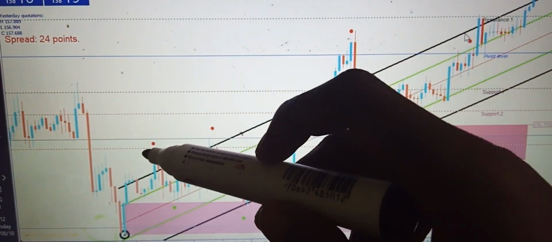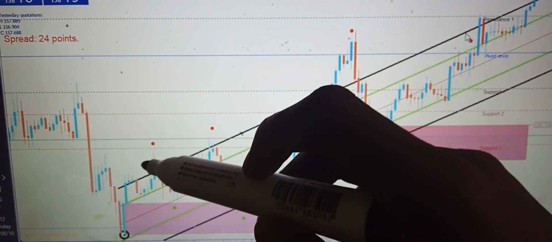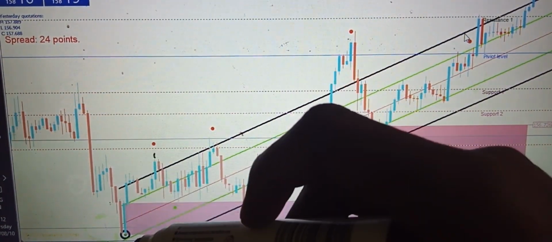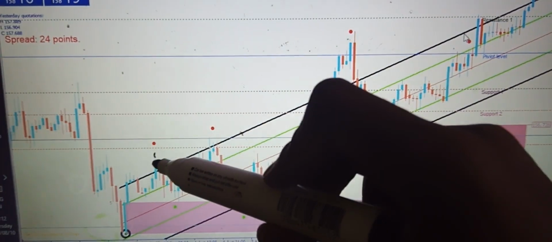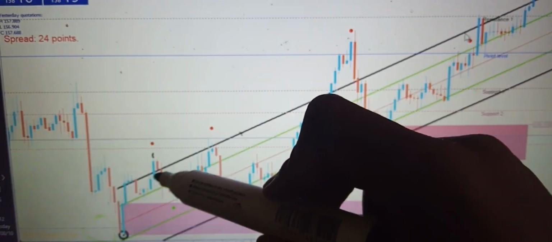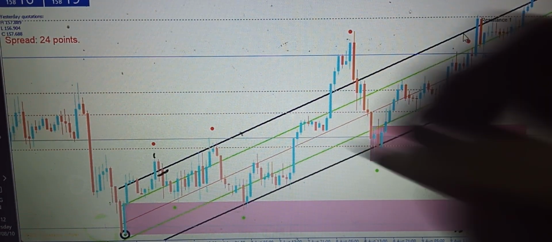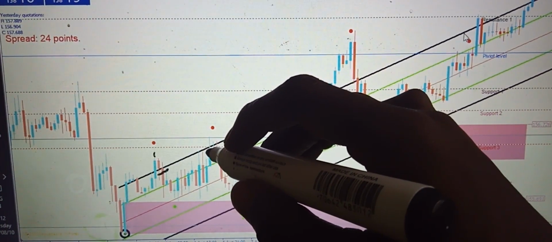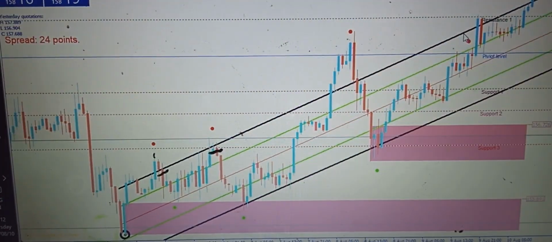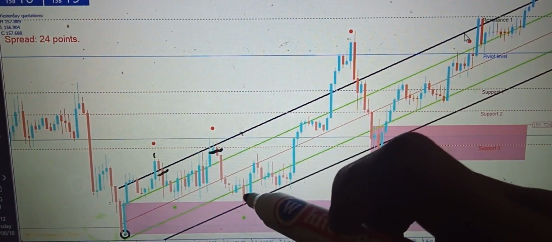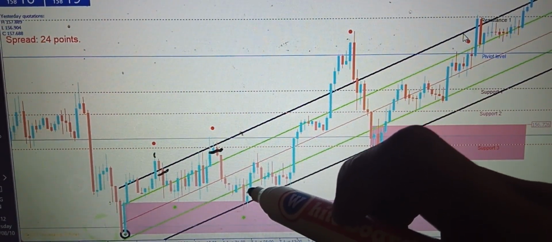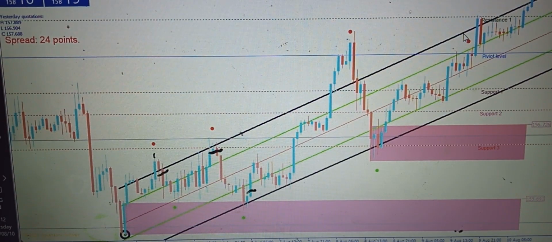Now, when you see this signal of a sell, and this is the candle where the market is at, you are going to wait for the candle to close below your resistance level. Then you can enter from there. Also here, you wait for this candle to close below the resistance level, then you can sell. If you want to buy, you will wait for this candle to close above your support level, okay?